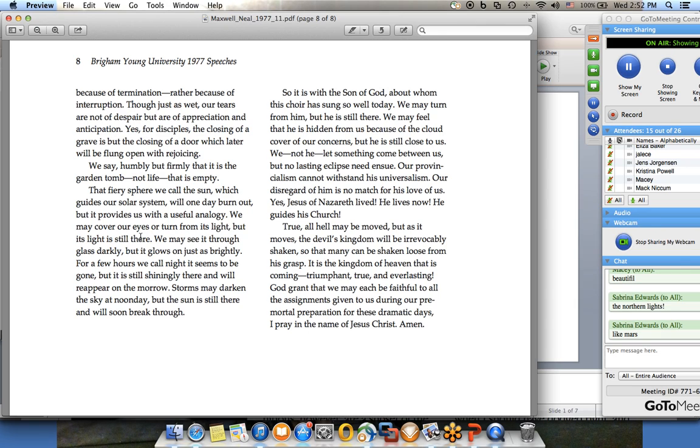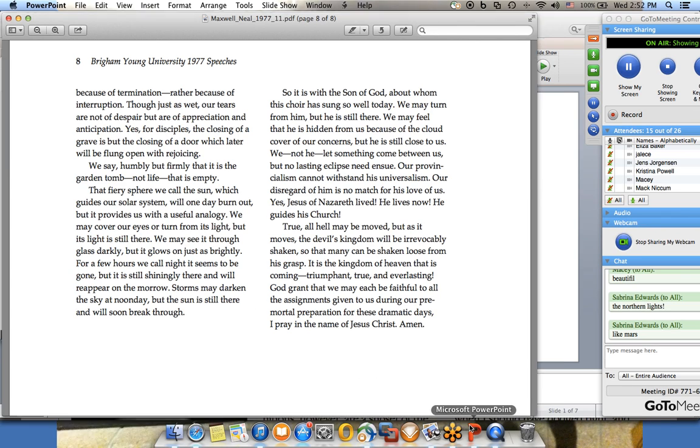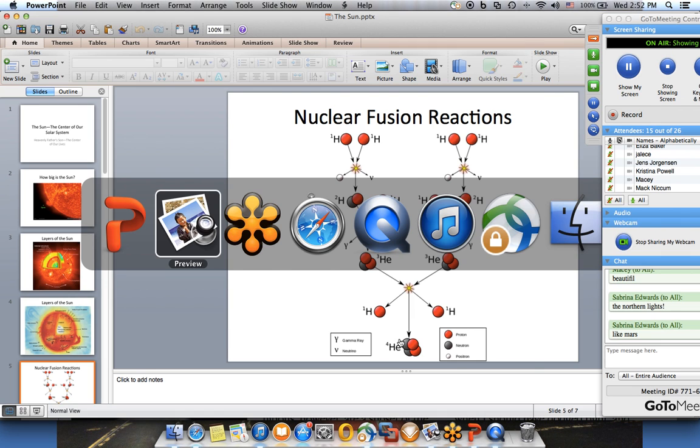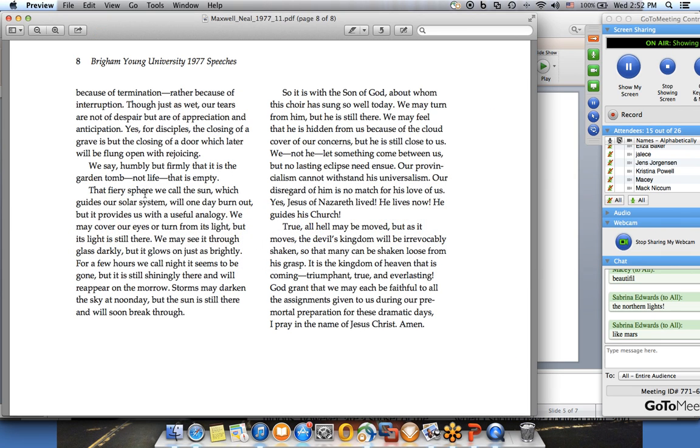Scientists estimate that our sun is about halfway in the process of having converted all the hydrogen into helium. So we are about halfway through that main sequence process. The fiery sphere we call the sun, which guides our solar system, will one day burn out.